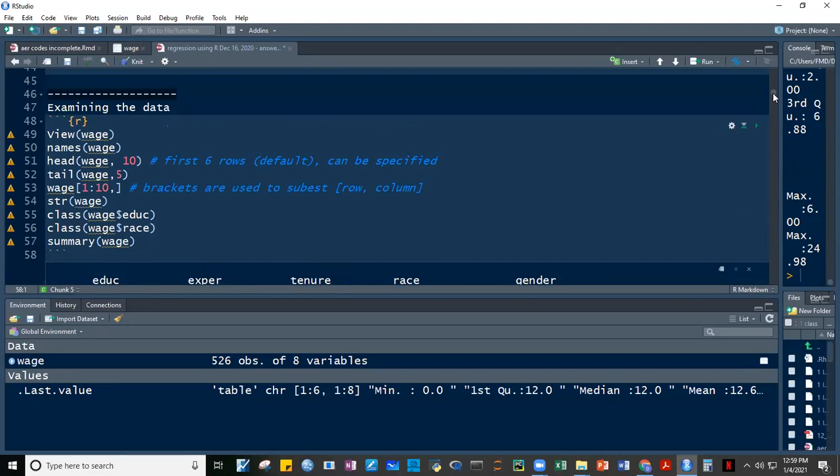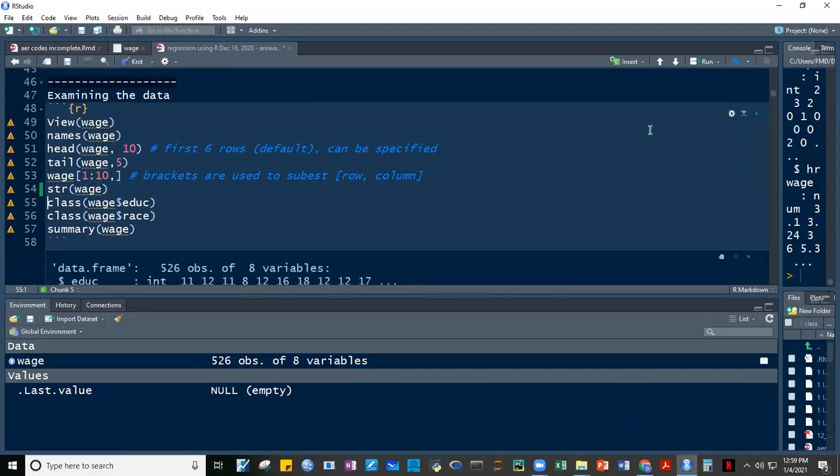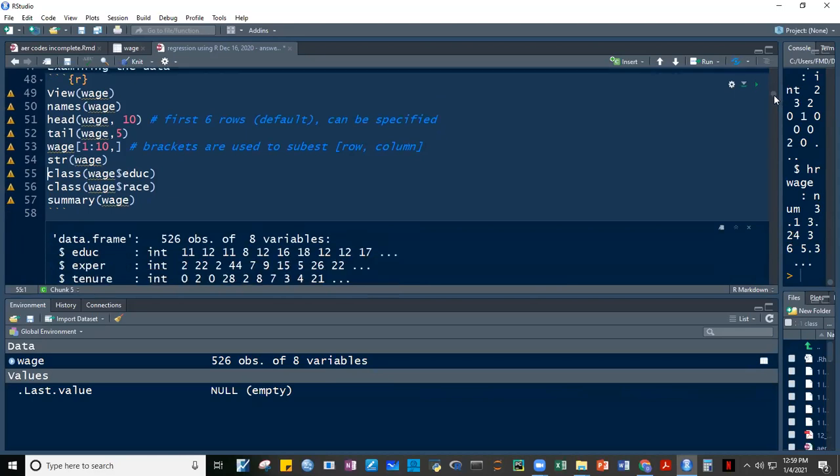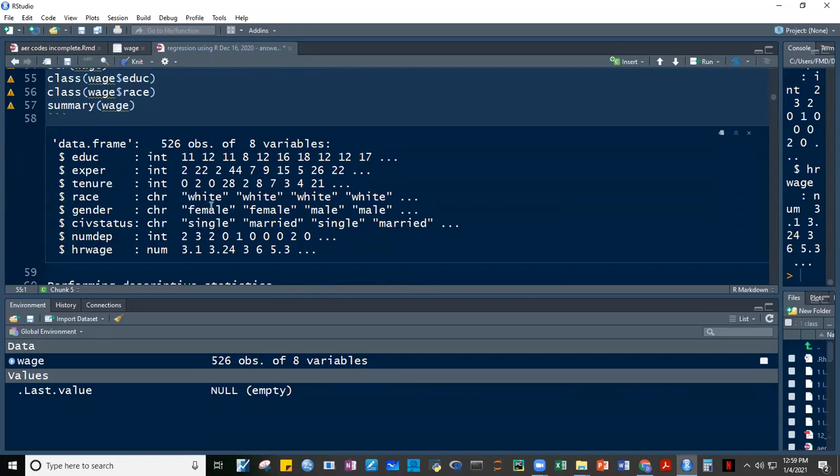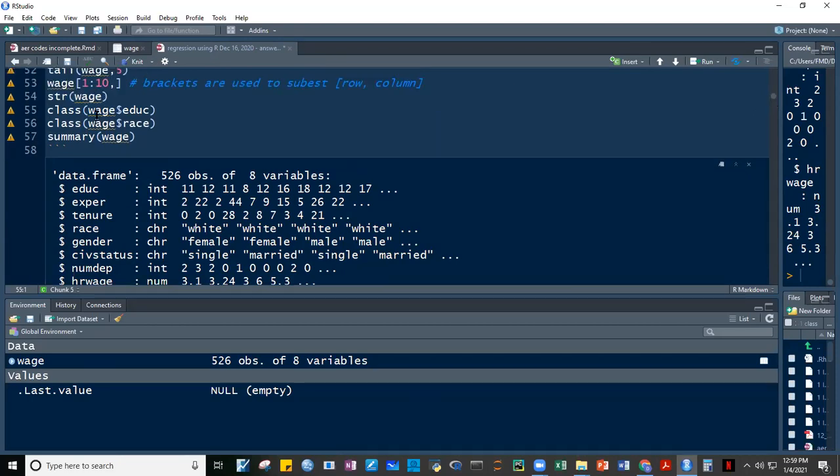Kailangan mas maganda kung structure wage. Okay. Si race, hindi din nasama lahat, ano? So si race, dalawang klase yan, si white at saka si non-white. Ang gender, ano bang, ito. Class yan.